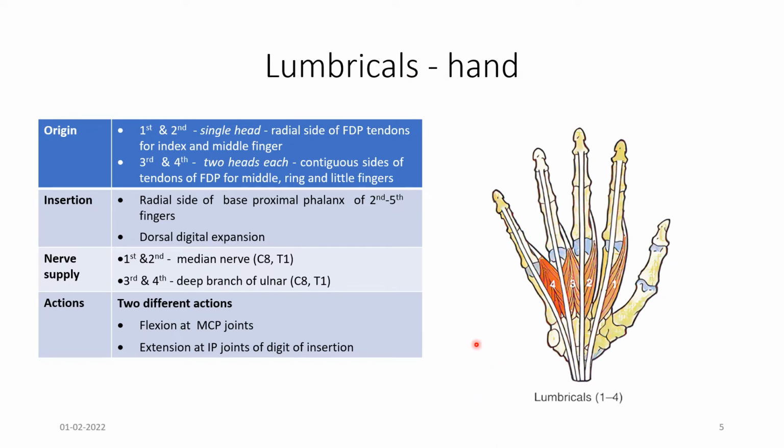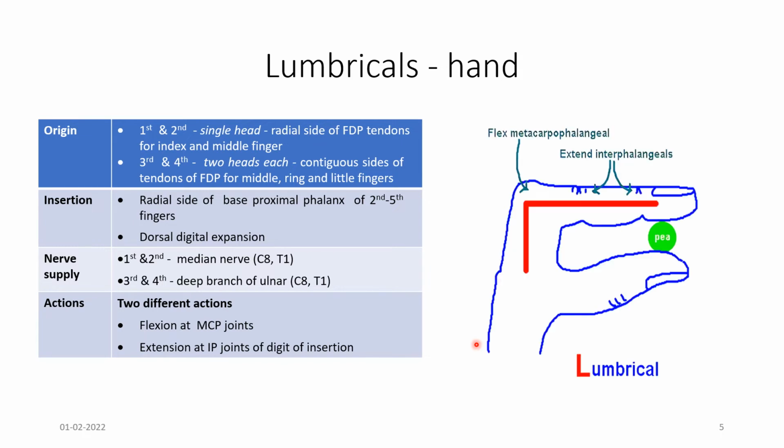As I already told you, they produce flexion at the metacarpophalangeal joint and extension at the interphalangeal joints of the digits of insertion. That is the lateral 4 digits. So this is the action of the lumbrical.